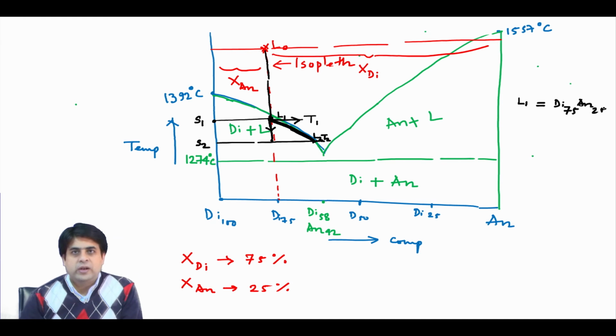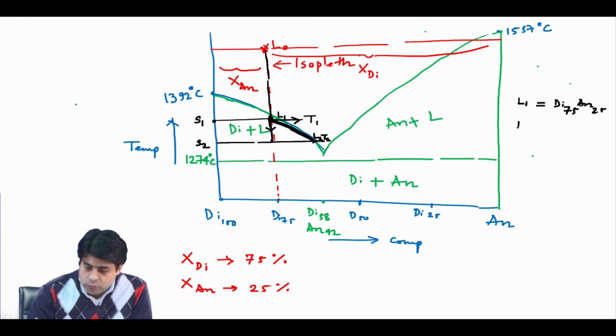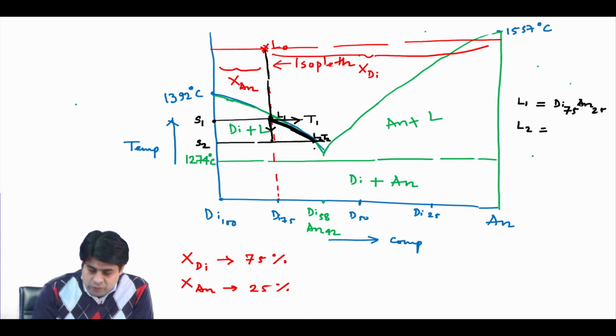When you reach L2, the composition becomes more anorthite rich and poorer in diopside. If you draw another vertical line, your L2 composition is almost diopside 60 and anorthite 40.